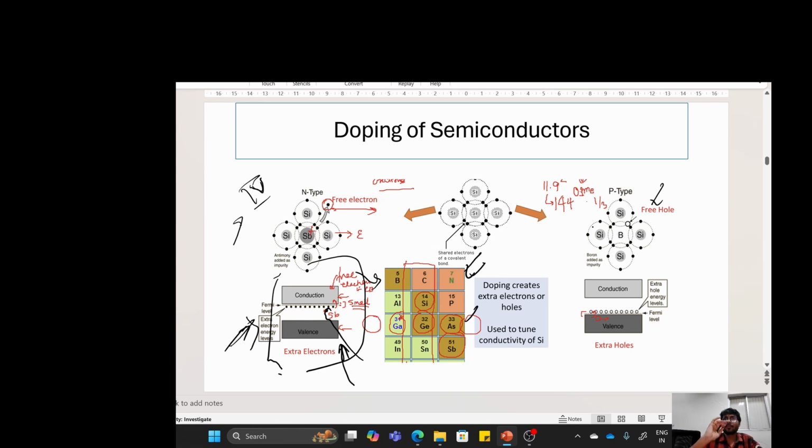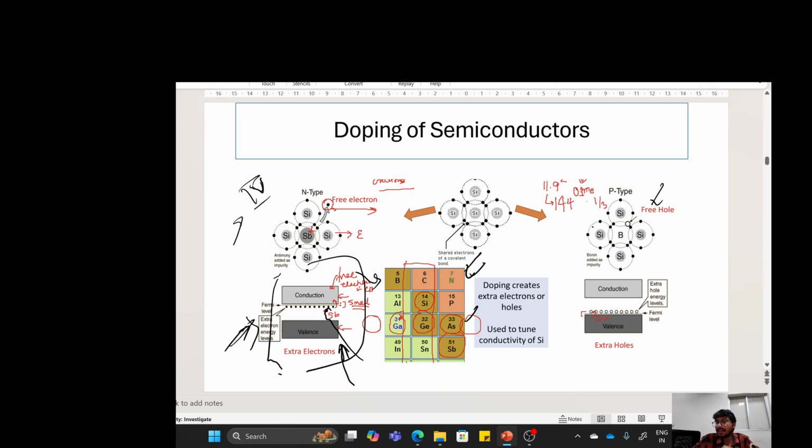The Fermi level says that all the states above the Fermi level should be empty and below the Fermi level should be filled. That is why the electrons are below the Fermi level here. Left side understood.